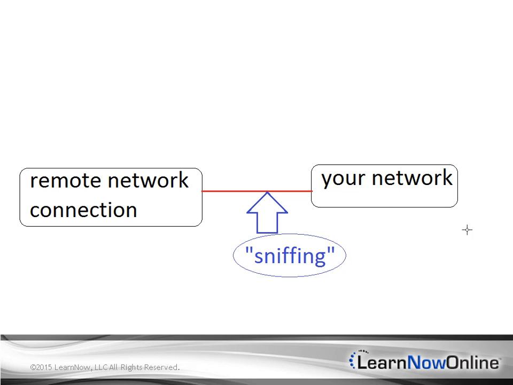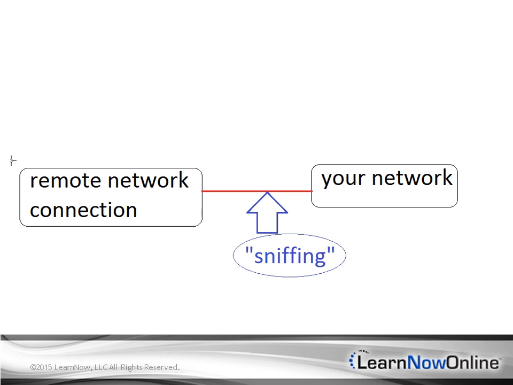So you want to try and prevent whoever is over here from gaining access to your network to begin with. If they do not have access to be able to establish any kind of a connection to your network, there's no way someone else would be able to sniff anything.